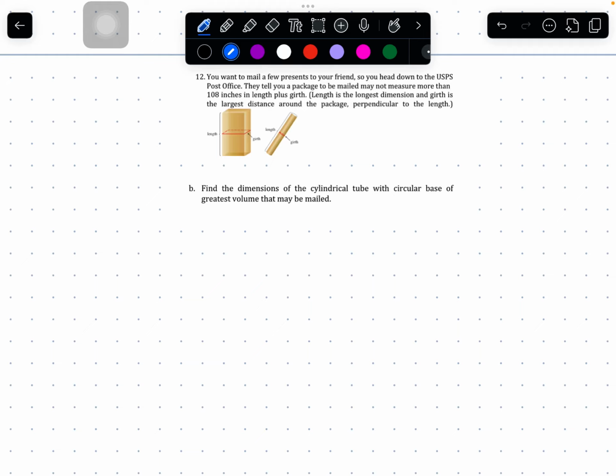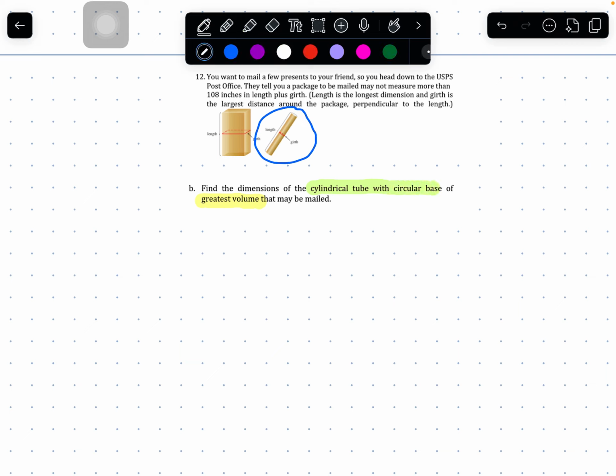All right, for part B, we're going to be answering the same exact question, but now we're working with this shape. Okay, so our process is going to be the same, but our equations are going to look different. We're still finding dimensions that give the greatest volume, but now with the cylindrical tube with the circular base.